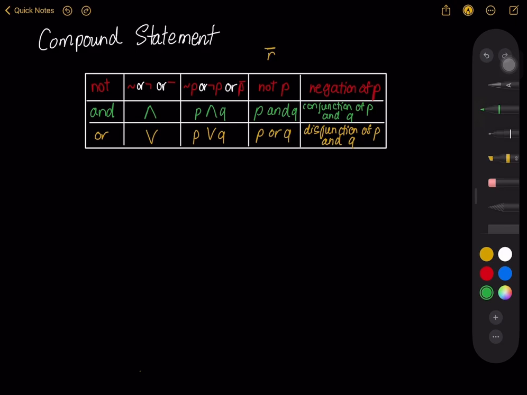We can write it symbolically like this, P and Q, and this is called a conjunction of P and Q. And we have or as last, with the V symbol, written symbolically like this, P V Q. Or we can say P or Q, and this is the disjunction of P and Q.